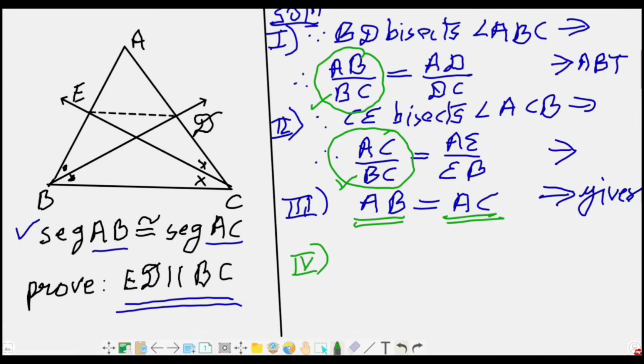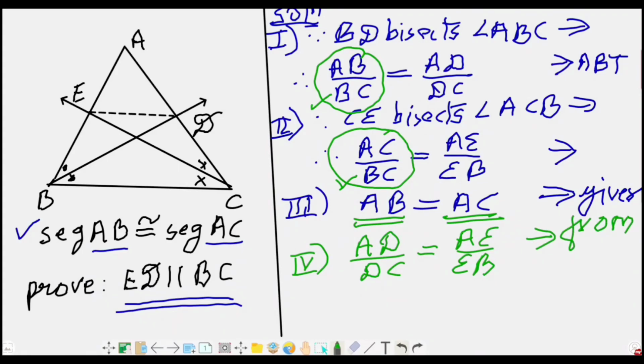Left hand side is equal, so your right hand side is the same. So AD upon DC will be equal to AE upon EB because in both the ratios the left hand side is the same. So this we have concluded from equations 1, 2 and this third one. Based on all these three above equations we can say.